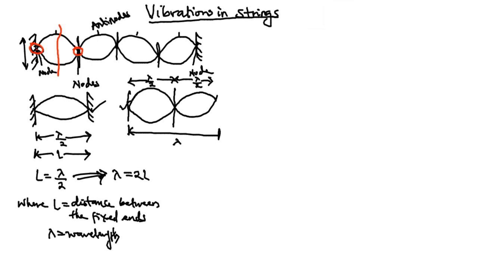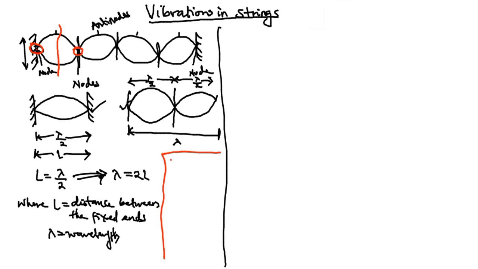Now recall, so I'm just going to have this aside to say, recall that the frequency of a wave is equal to the velocity of that wave divided by the wavelength of that wave. Okay, so we need to keep this somewhere.